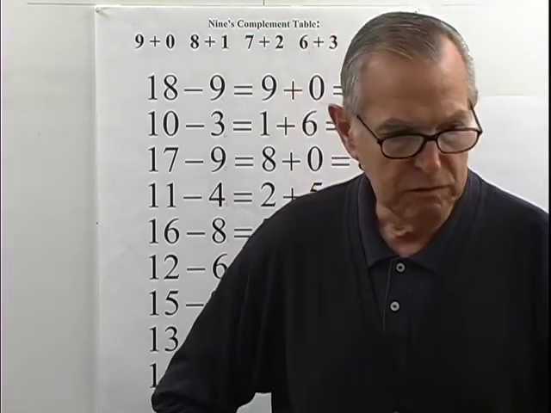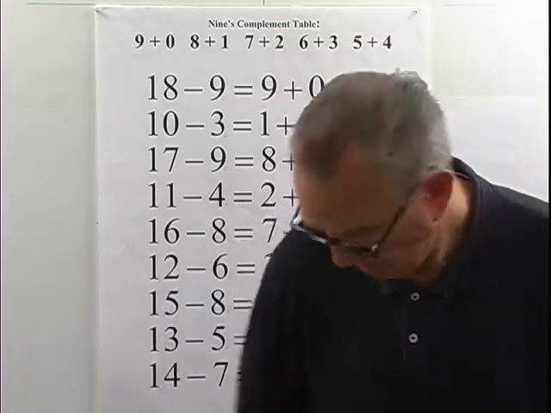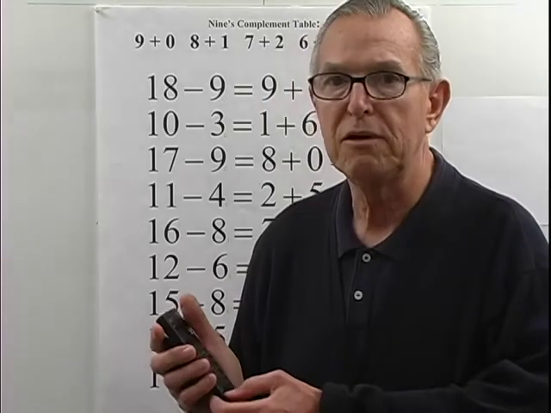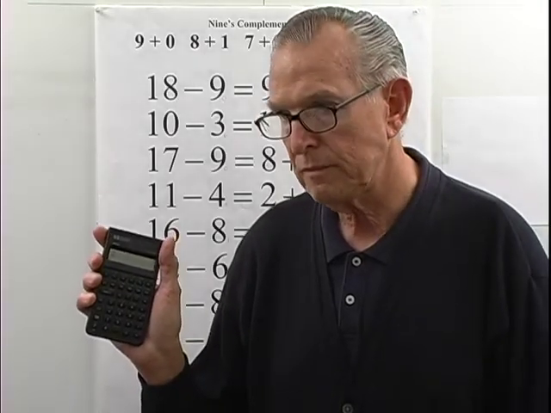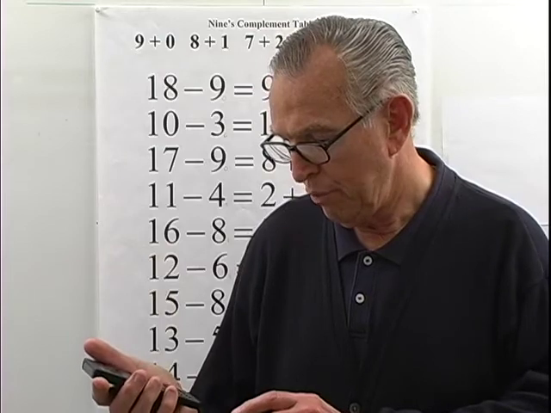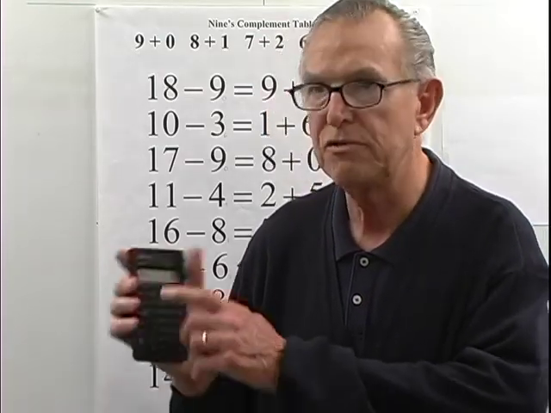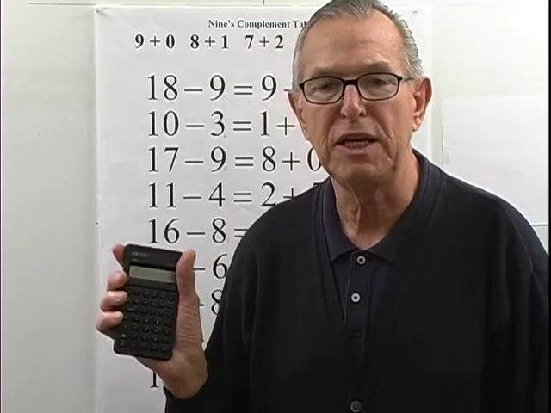Where did this algorithm come from? This handheld calculator, if I put in a number 15, there it is, shows up on the register as 15.